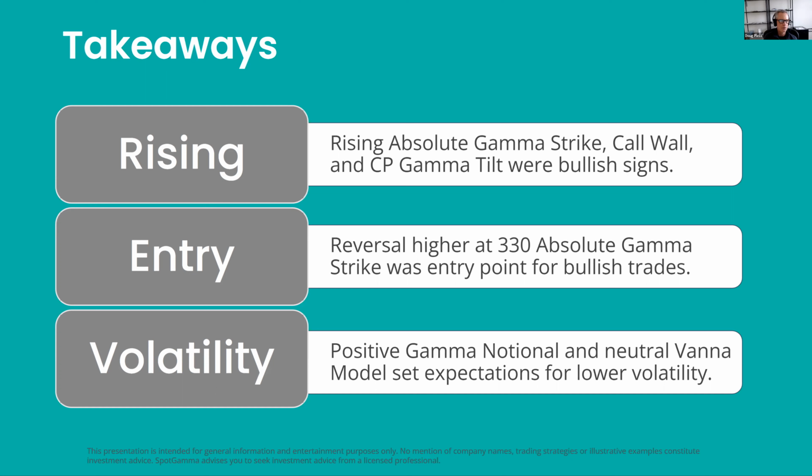That strike and that trend break that I talked about was the entry for bullish trades. And then finally, my expectations for volatility were low. I was not looking for a 10-point move, just a lower volatility, smaller move. And that was indicated by the positive gamma notional and the neutral Vanna model. So again, that set expectations for lower volatility.